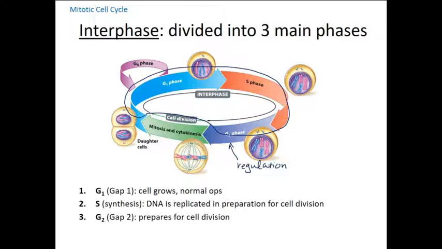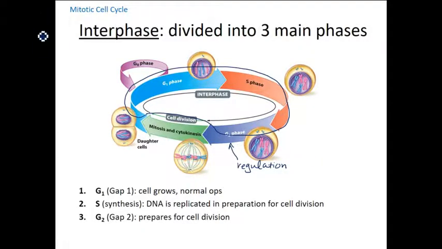If not, stop, and maybe even be destroyed, or maybe just stop where you are. Do I have enough organelles for two cells? Do I have enough building blocks like amino acids, nucleotides, carbohydrates, etc., in order to fund the growth of two cells? If the cell does not, then it would stop. So this is where a lot of regulation happens.